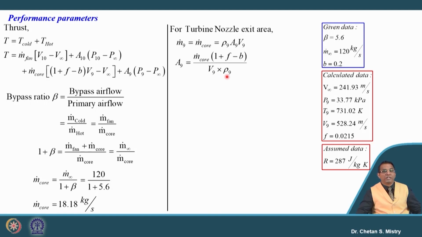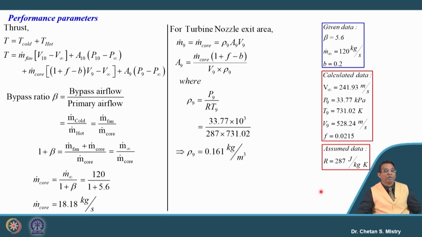Here also this density value is not known to us. So, we can calculate the density as P9 by R T9. Be careful, this pressure we are taking in pascals, and the R value we are taking in joule per kg Kelvin.